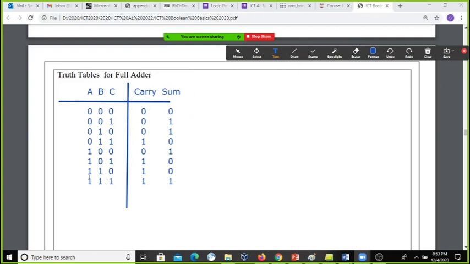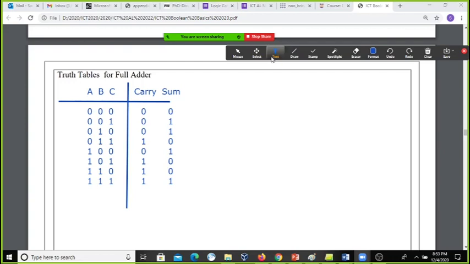Here we just write. Now you can see 1 plus 1 is 2, 2 means 1, 0. Again 2 means 1, 0. Here 1 plus 1 plus 1 is 3. 3 means 1, 1. Same thing. There is no difference, but the only difference is in the half adder we had only 2 inputs, but in the full adder we have the 3 inputs.